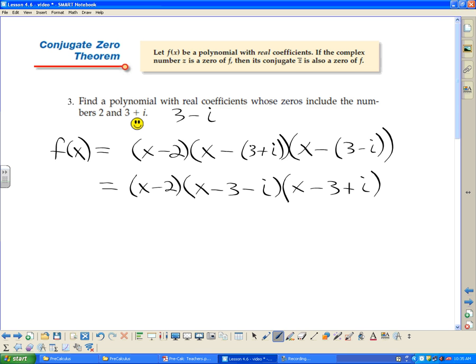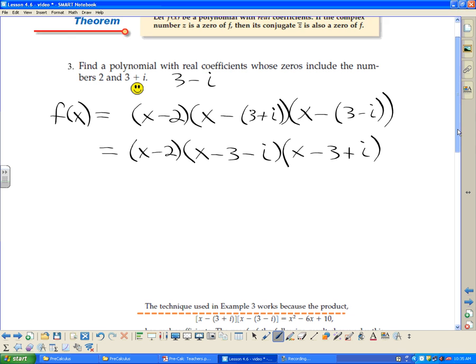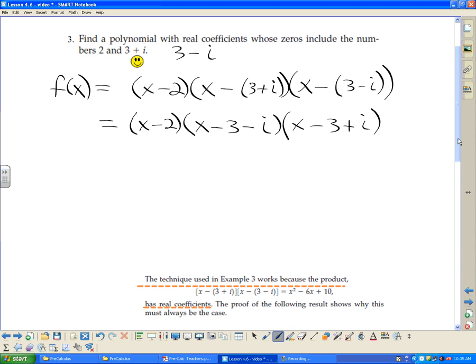So we've got the two factors, x minus 3 minus i and x minus 3 plus i. Since those are harder to work with, we're going to multiply them first, and it'll make it much easier in the long run.